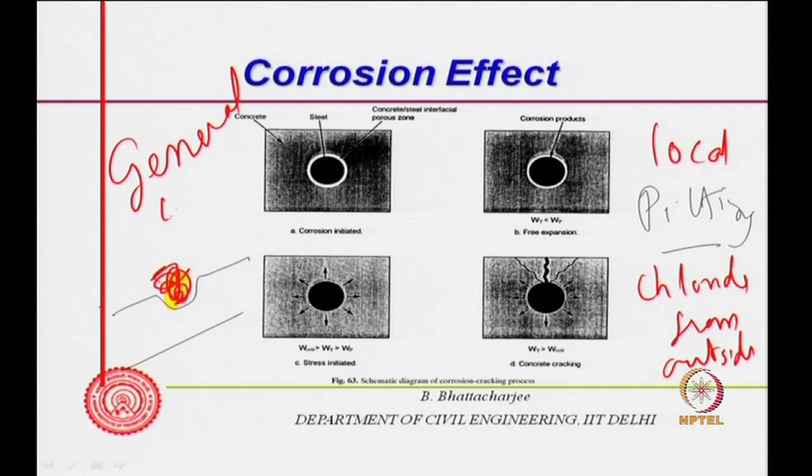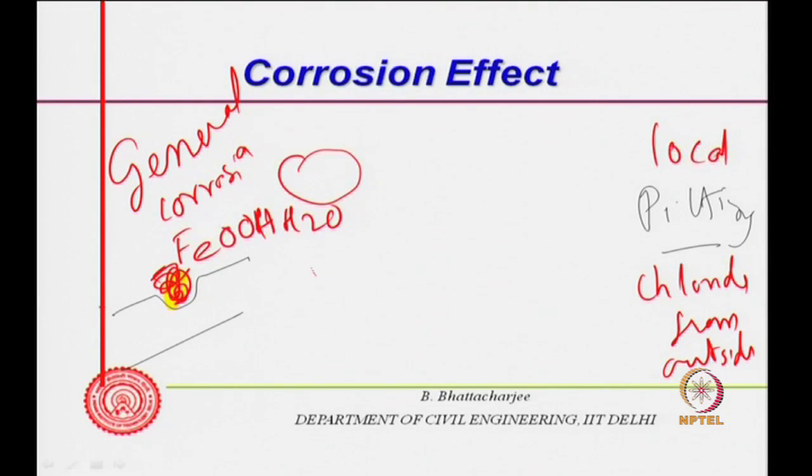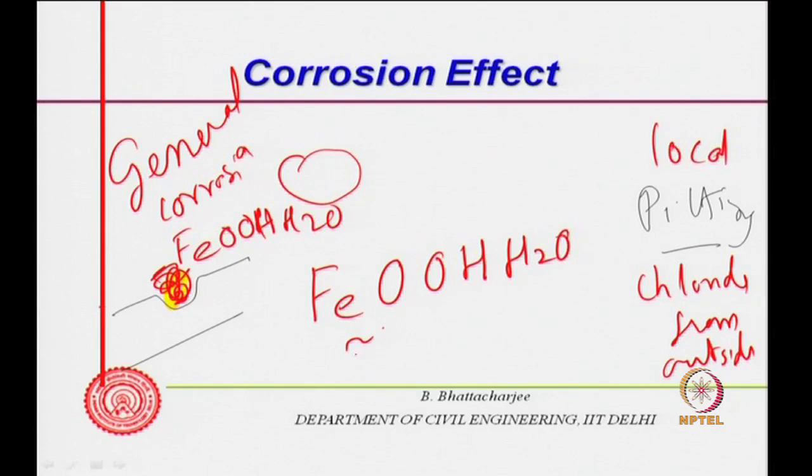In general corrosion, mass loss is not very high, but the corrosion product, particularly red rust, FeOOH, H2O, let me write it here again, FeOOH, H2O, which you can write as Fe(OH)3, is red rust.